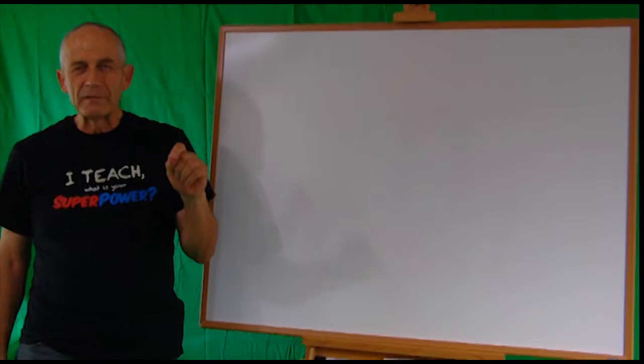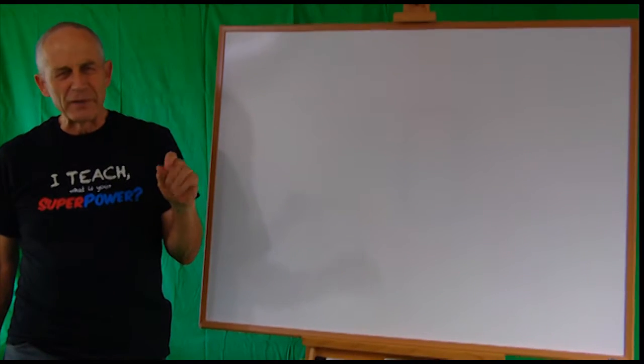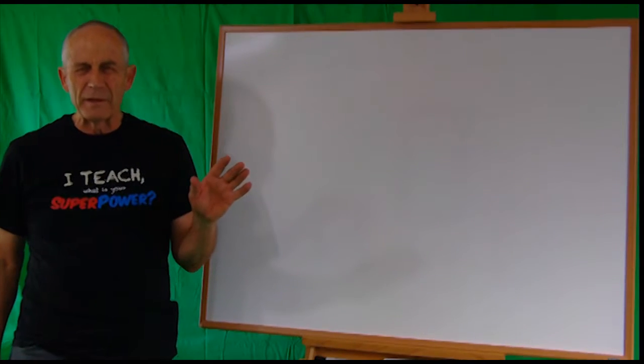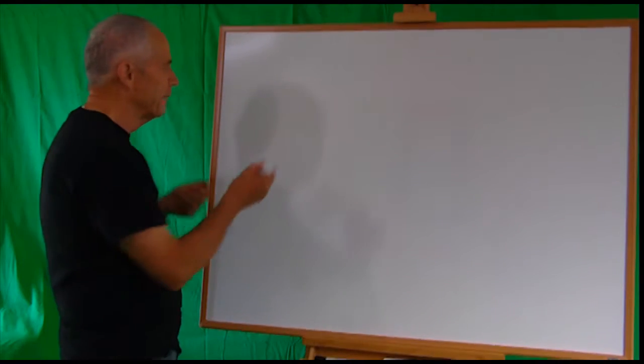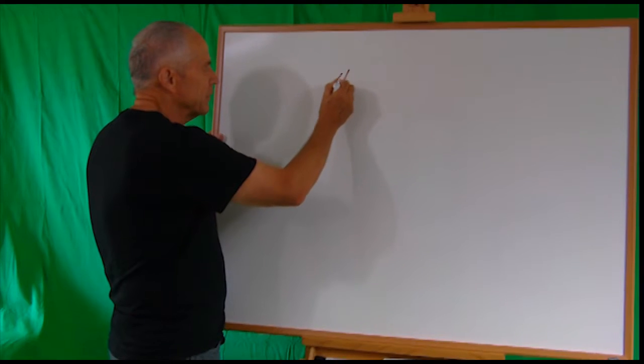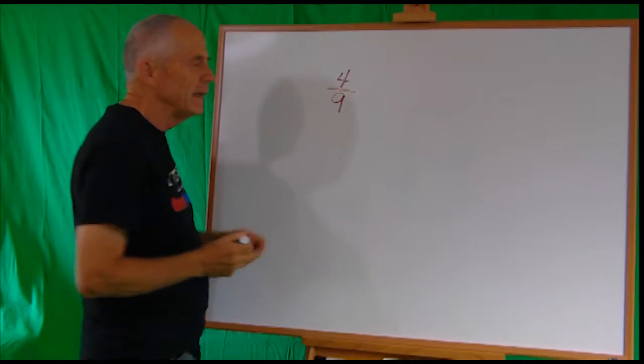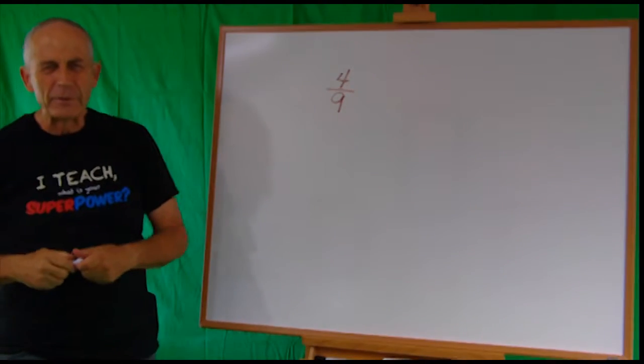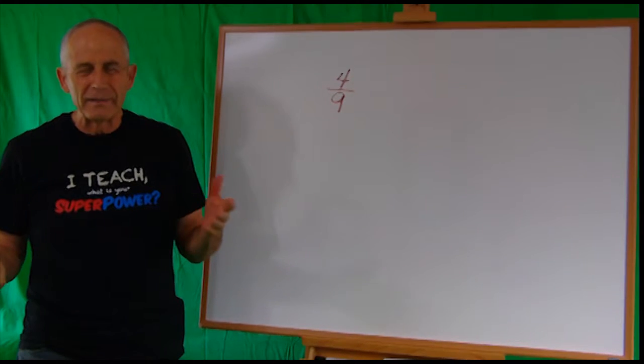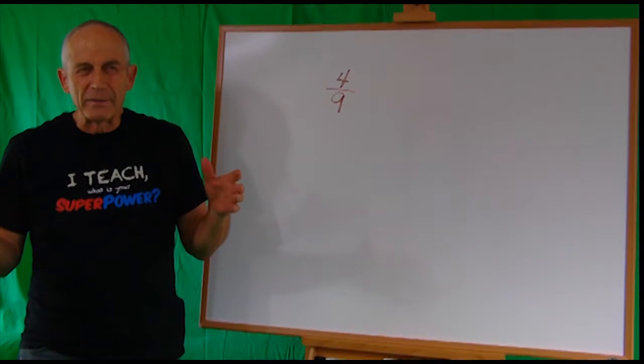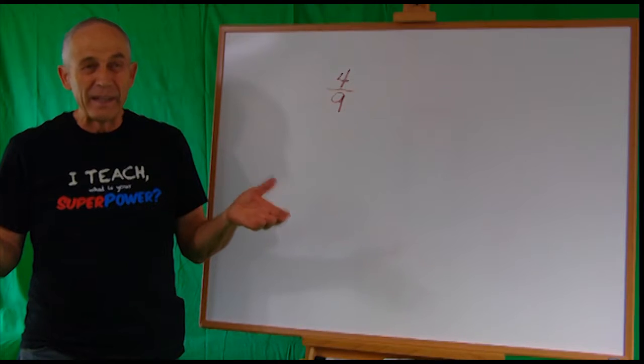Now, I'm going to take an example of a fraction because I think this is one of the problems that people have. If I take this fraction, 4/9, and you look at it and you have to decide what it is, you might think, well, 4/9, that's the name of it.